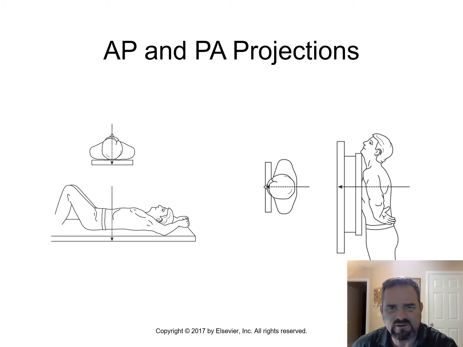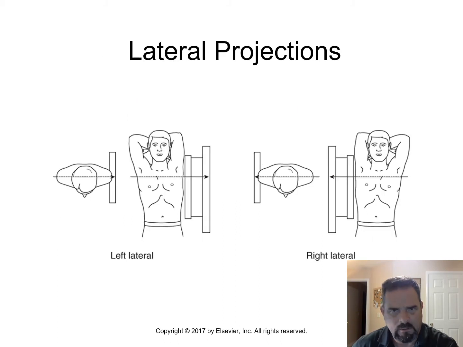There's your AP projections. You have anterior to posterior, and from posterior, or PA, from the back to the front. Okay, so there's your AP and PA projections. All right, so lateral projections, left lateral, right lateral.